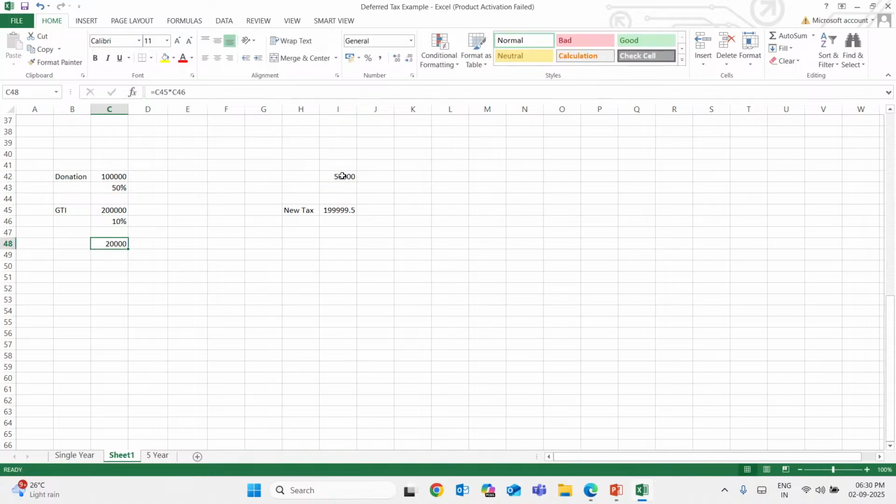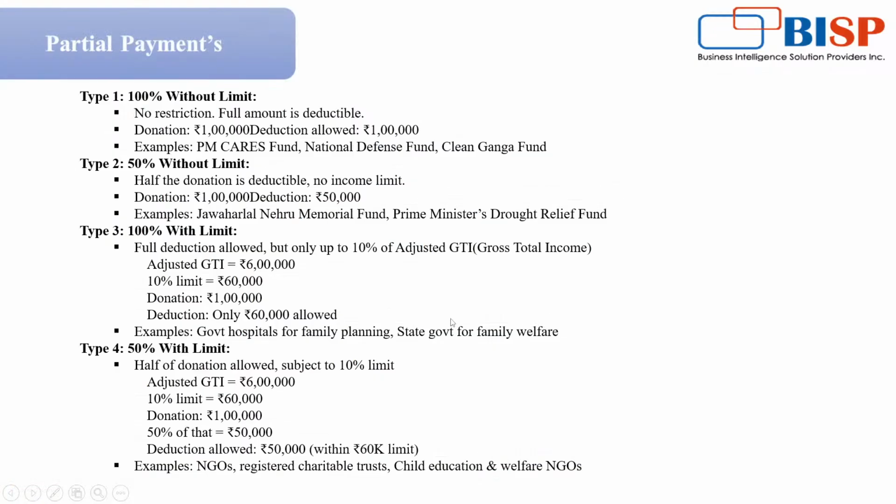So the 50,000 is allowed, so only 20,000 is deductible, so the rest 30,000 here will not be deductible from it, right? So this was our partial payments which we have talked about. There will be different partial payments which will be deductible under the permanent differences. So I have just covered this part, right?